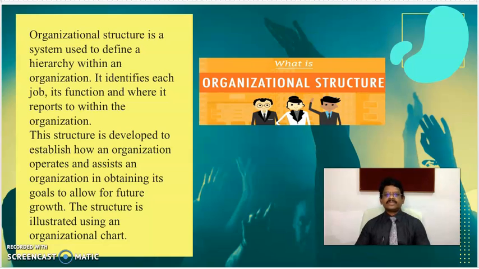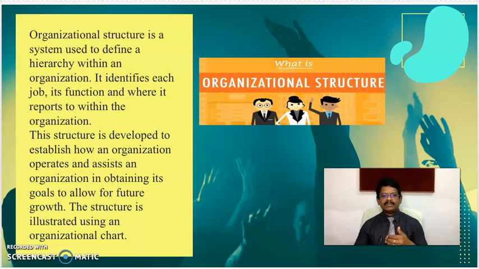So the organizational structure is a system used to define a hierarchy within an organization. The technical word hierarchy is all about different levels or layers of the organization. So top level, middle level, lower level, like we have three categories of management.